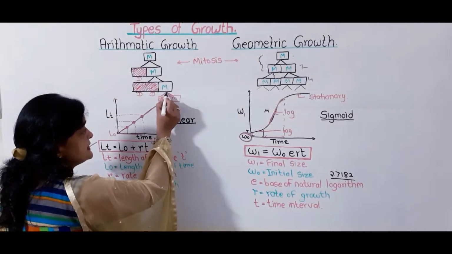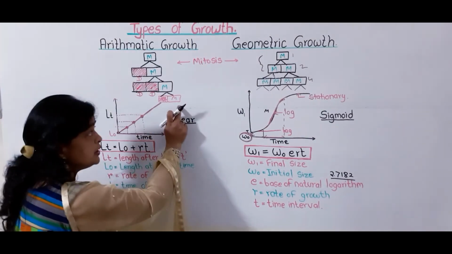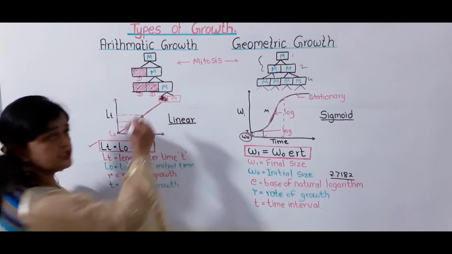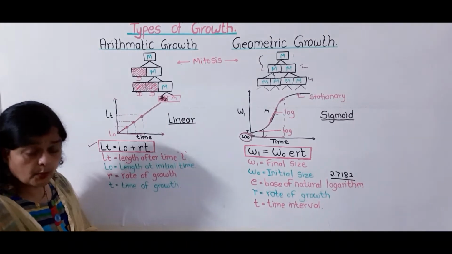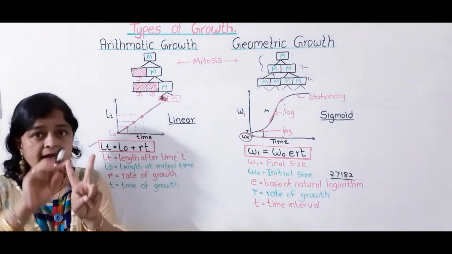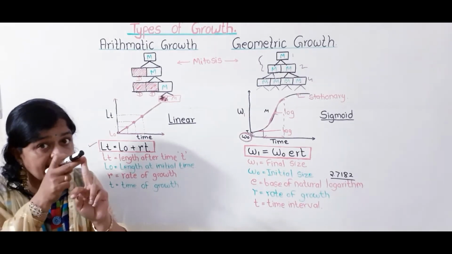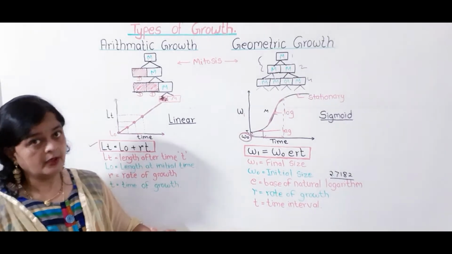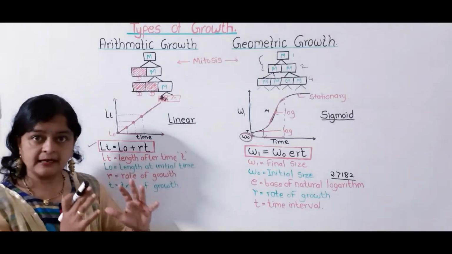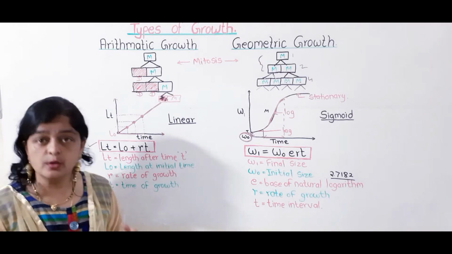So again this cell divides into two daughter cells, and from these two daughter cells one becomes differentiated. What is happening here? A single cell gives rise to two daughter cells, one every time is getting differentiated and only one cell is getting divided. So here the growth is taking place continuously, but at a slower rate.